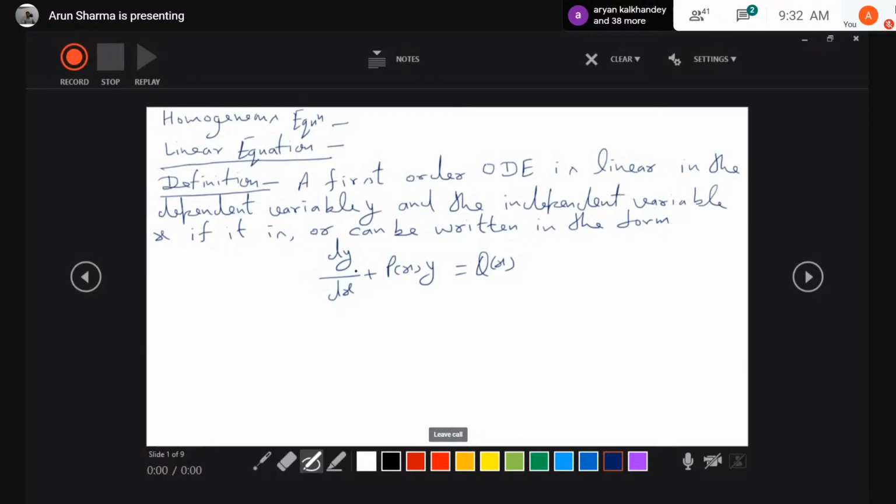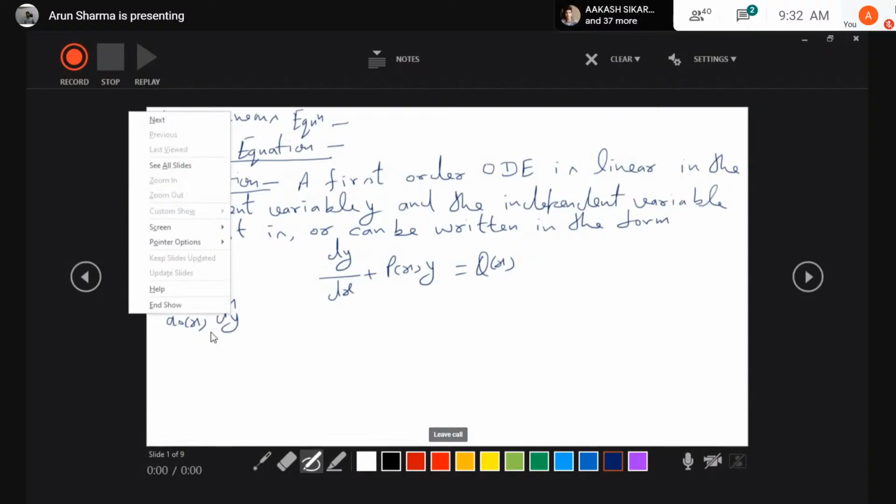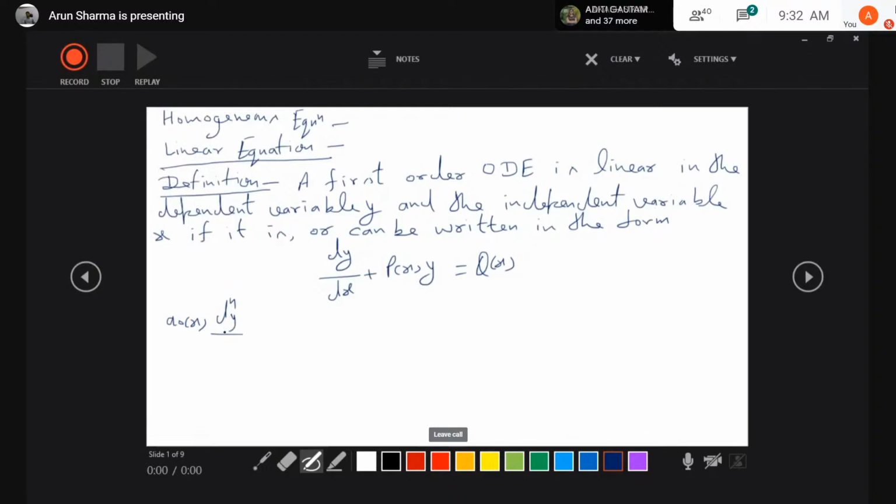So recall the definition of linear ordinary differential equation of order n: a0(x) d^n y upon dx^n plus a1(x) d^(n-1) y upon dx^(n-1) plus a2(x) d^(n-2) y upon dx^(n-2) plus dot dot plus a(n-1)(x) dy by dx plus a n(x) y equals b(x).